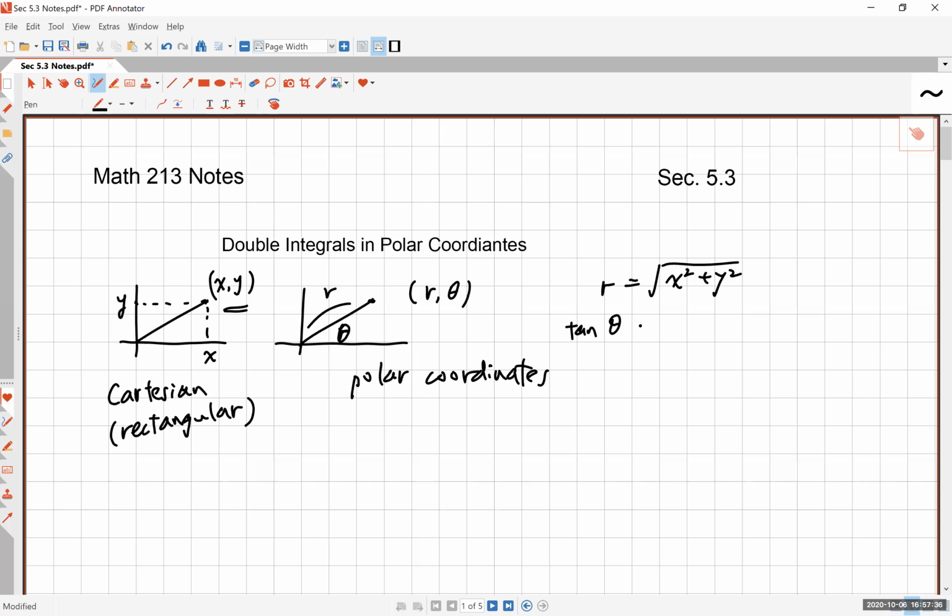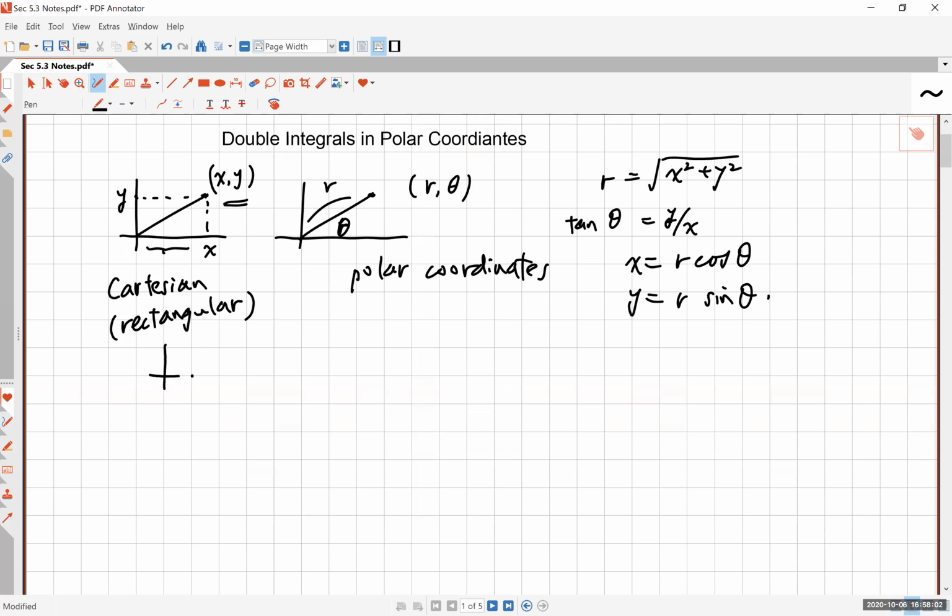You can say tangent of theta is y over x, but even that doesn't do justice because x could be 0 and then this is undefined. x is r cosine theta. Where did that come from? That just comes from trigonometry. And y is of course r sine theta. These are the things that you should already know, sort of a background.